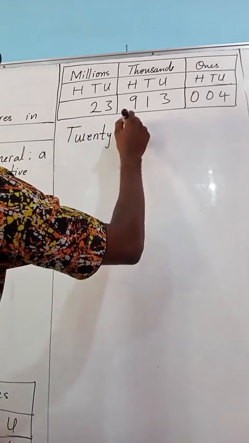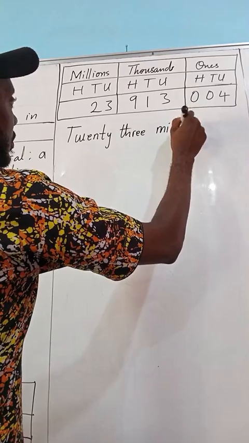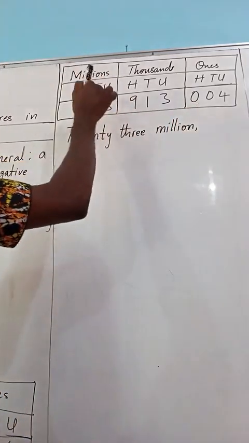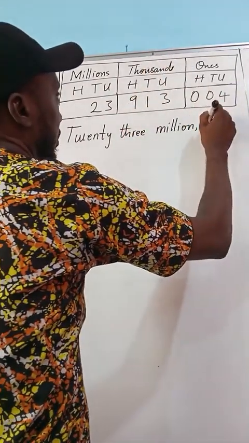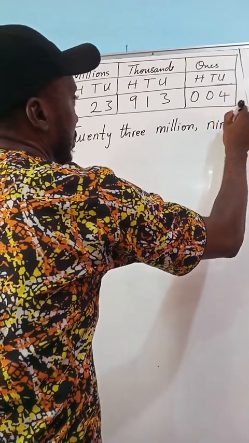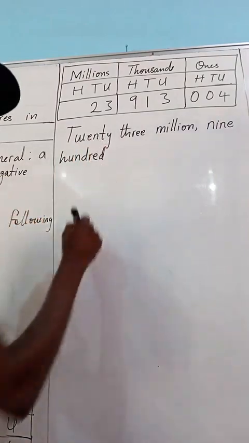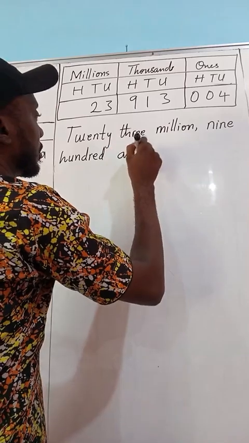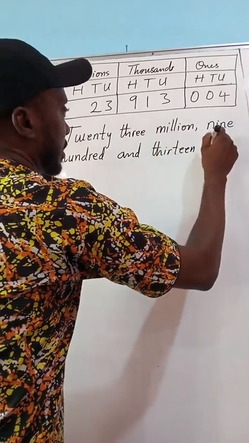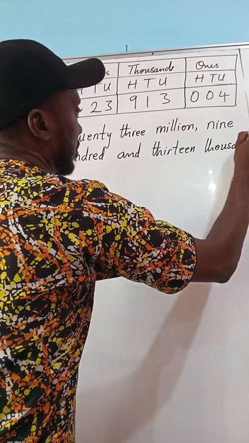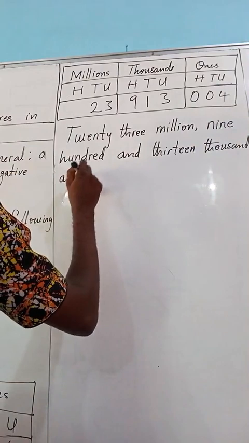Now, writing it in words, I will first write 23 million. That is in the room of million, 23 million. Then the next one is 913,000 and 4.